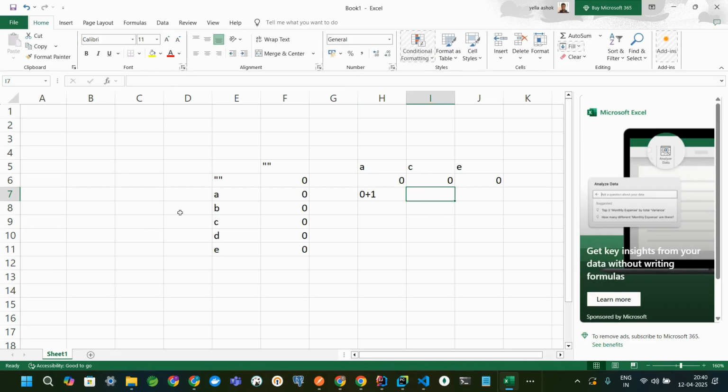Here A and C are not matching. When it is not matching, try to exclude any one of them and take the maximum value. If you remove A, the previous value you need to check is AC compared with the empty string, that is 0. Or if you remove C, that is A compared with A, that is 1.